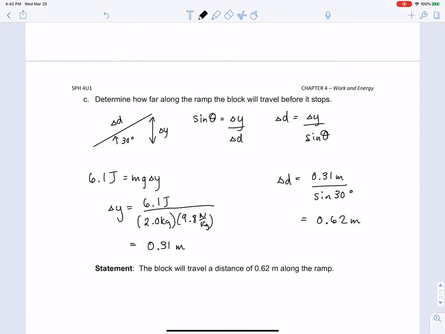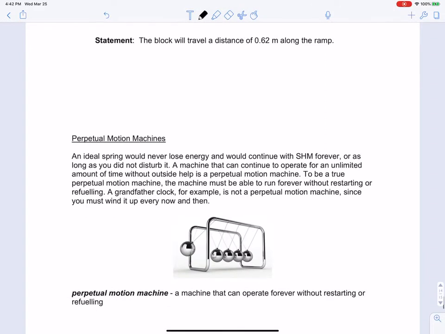Now let's take a look at a couple of related concepts. The first is the idea of a perpetual motion machine. An ideal spring would never lose energy and would continue with simple harmonic motion forever and ever, or as long as you didn't disturb it. Any machine that can continue to operate for an unlimited amount of time without outside help is called a perpetual motion machine.